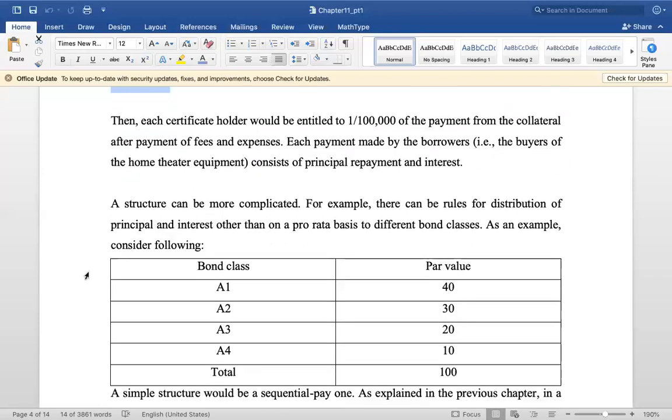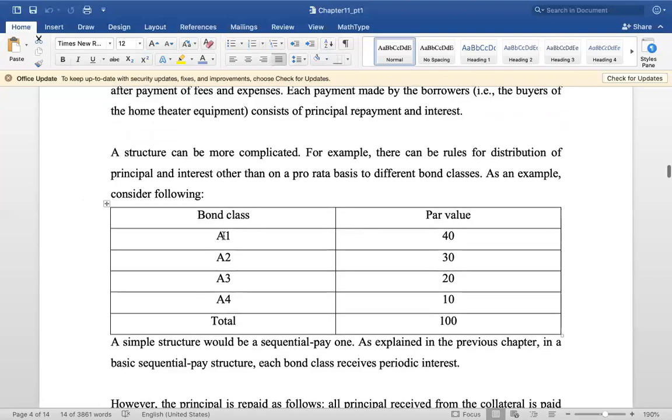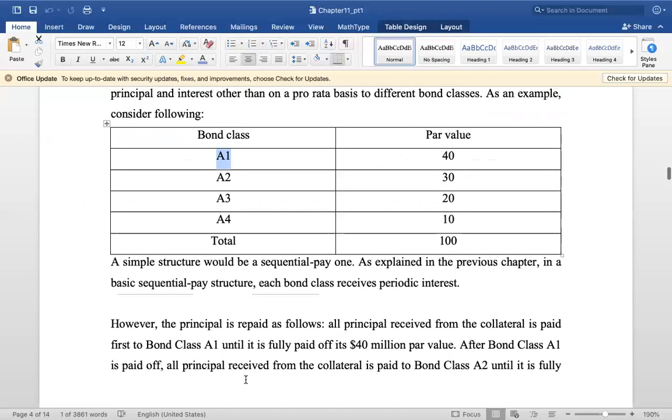Right? The structure can be more complicated like this. It can have bond classes A1, A2, A3, and A4. And these bond classes can then have priorities as well, as we have discussed in the mortgage-backed securities examples.